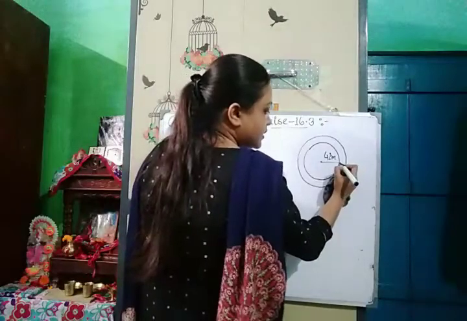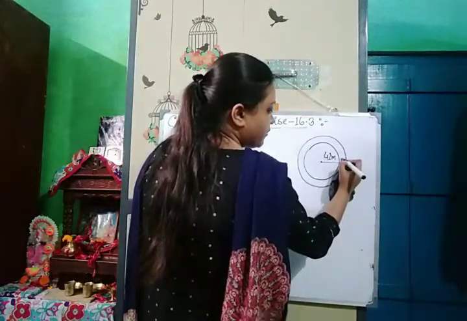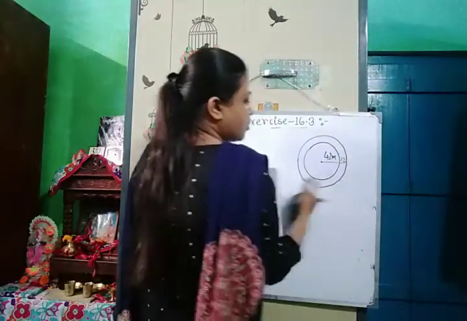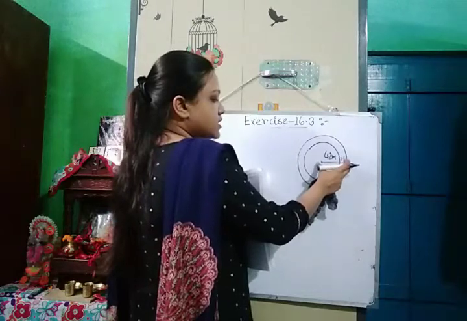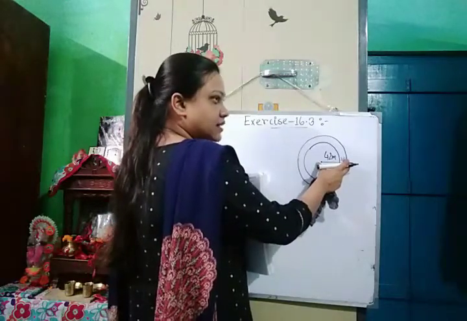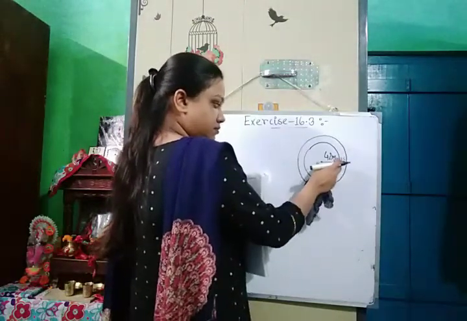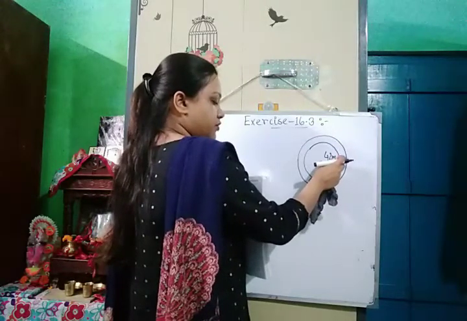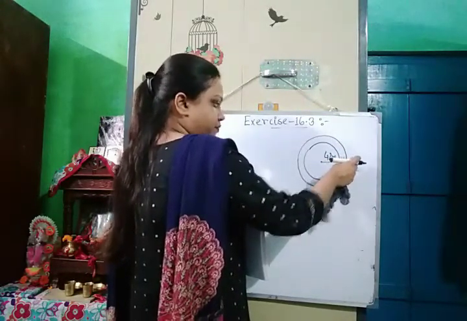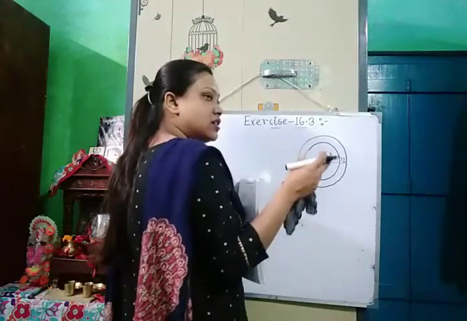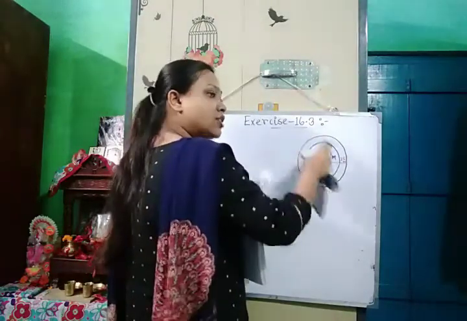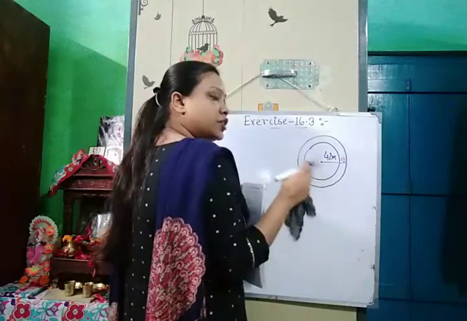So this much is 3.5 meter. So you can see the radius of the circle with the road is 42 plus 3.5 and the radius of the circle without the road is 42 meter.